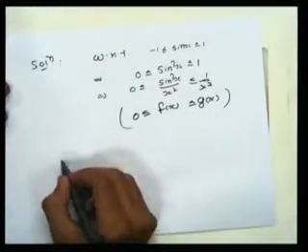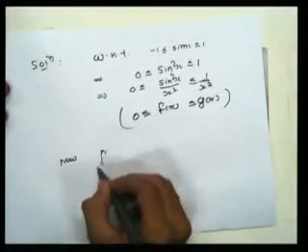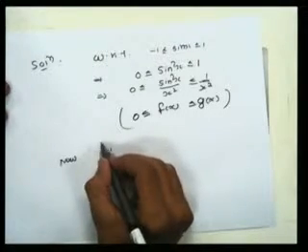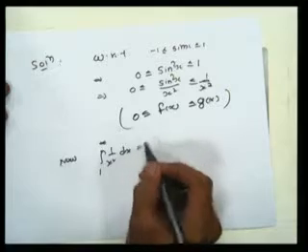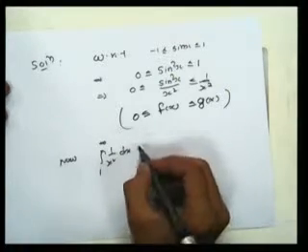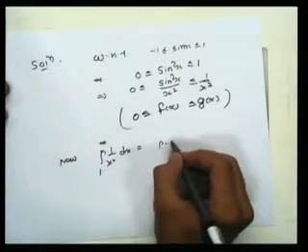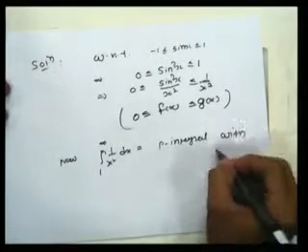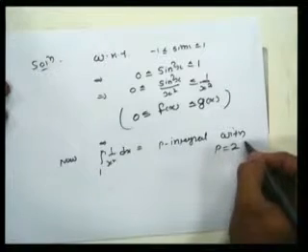Now the integral of 1 upon x square from 1 to infinity dx is nothing but a p integral with p equal to 2, which is greater than 1.